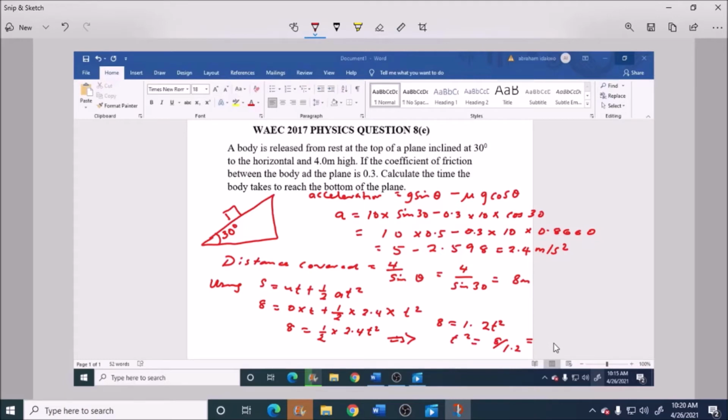So the time taken for the body to reach the bottom of the plane is 2.58 seconds.